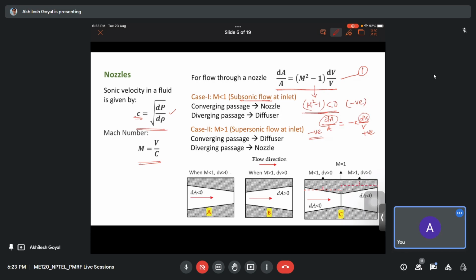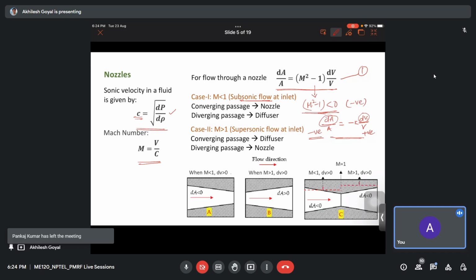For negative dA, the value of dV should be positive according to this equation. So a converging passage for a subsonic flow will work as a nozzle.